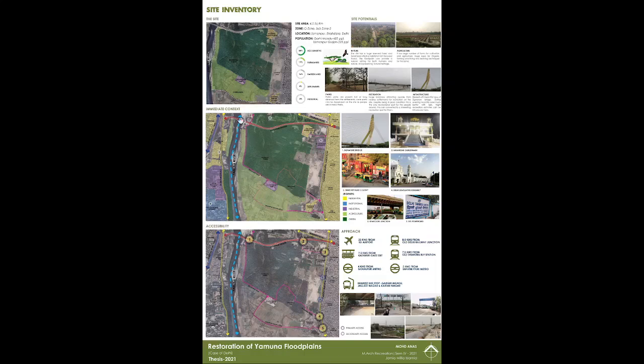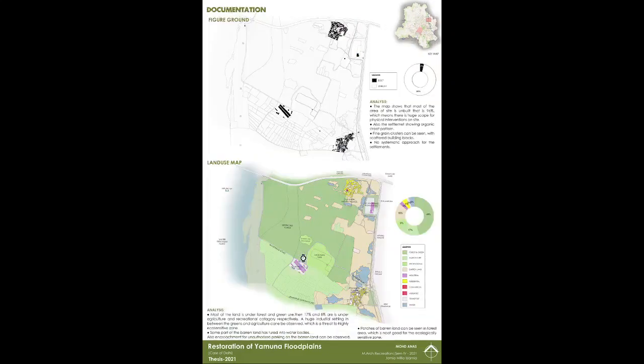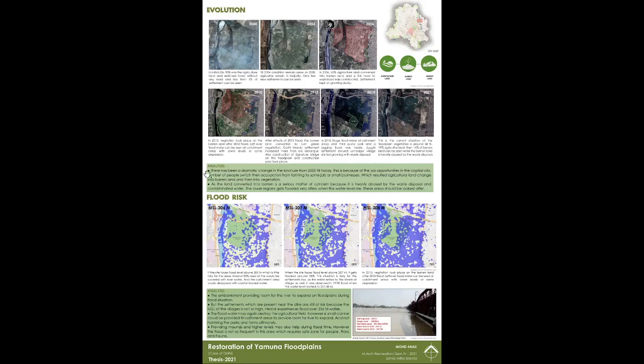Then there is accessibility, where this marginal bund road and Wazirabad to Bhajanpura road is the main accessible road to the site, and this is the Yamuna River.